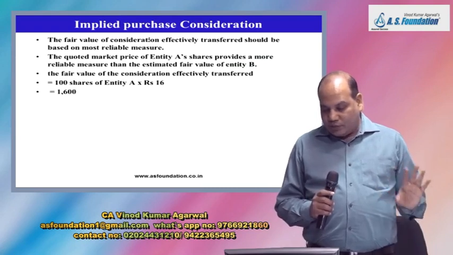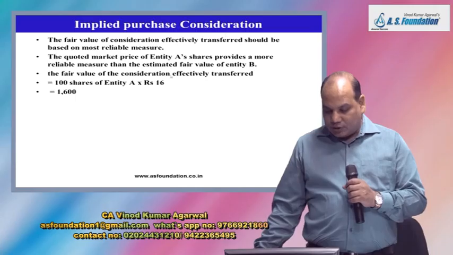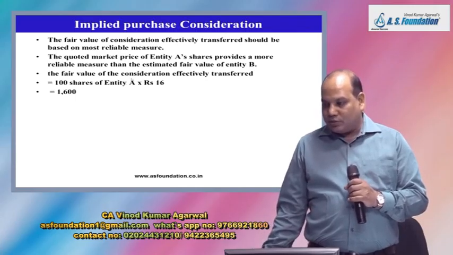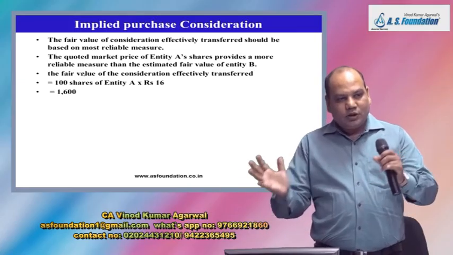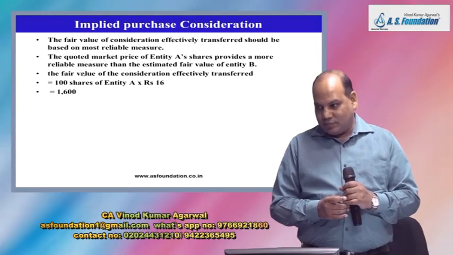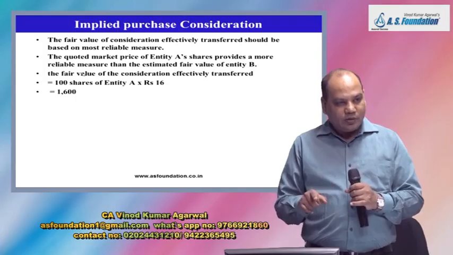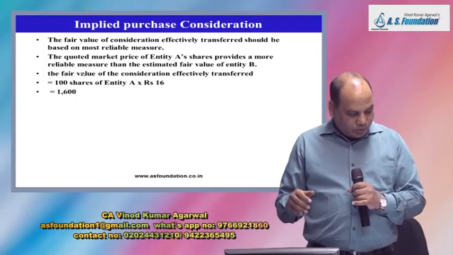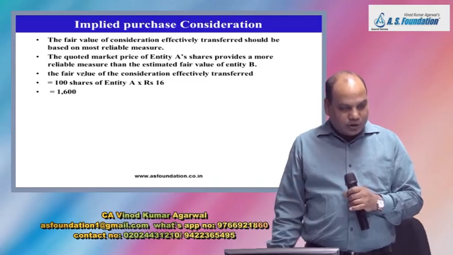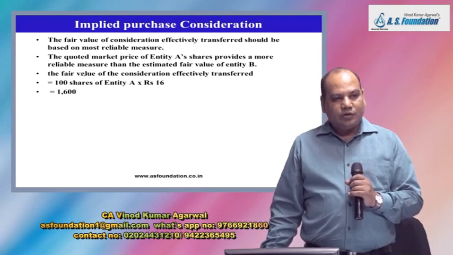So what is the fair value of this entity? The fair value of the consideration effectively transferred is a deemed calculation. This is the deemed consideration for entity A, which is the issued capital of entity A, 100 shares given in the question, multiplied by the market price of 16 rupees.